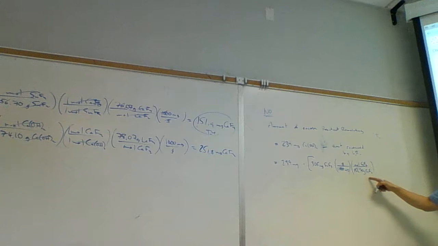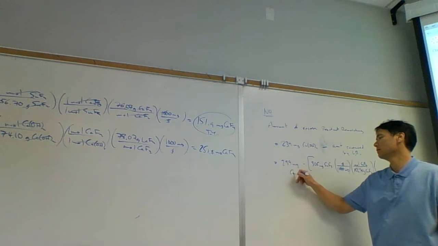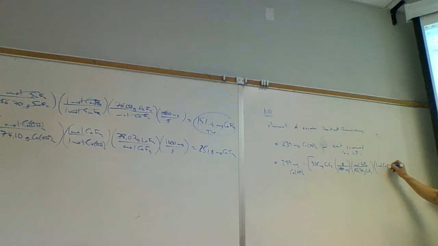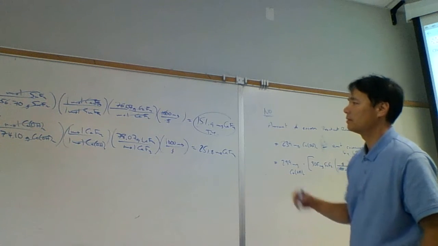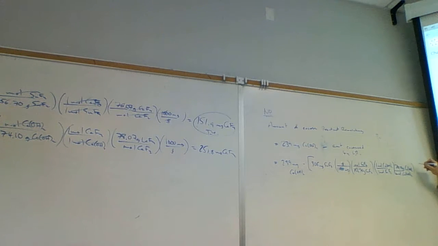And then from here, we're going to go to moles of calcium hydroxide, milligrams of calcium hydroxide. And so it's a 1-to-1 mole ratio, 1 mole of calcium hydroxide for every 1 mole of tin 2 fluoride. And then we had the molar mass of calcium hydroxide from earlier, 74.10 grams per mole. And then we'll just convert it to milligrams here. So 1,000 milligrams per gram.